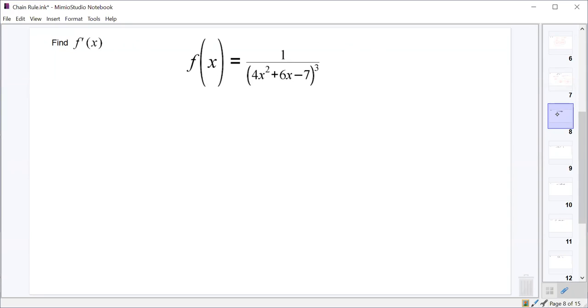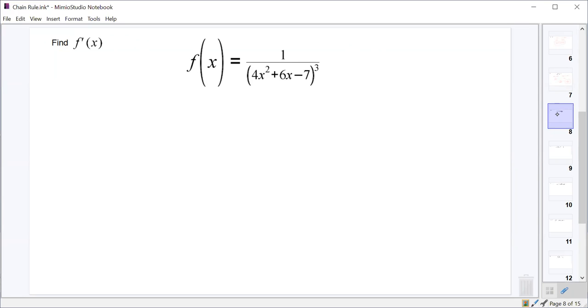All right. What about this one? What can I write this as? 1 over u. Just 1 over u. All right, it could be 1 over u cubed, which would then require us to use the reciprocal rule, right?